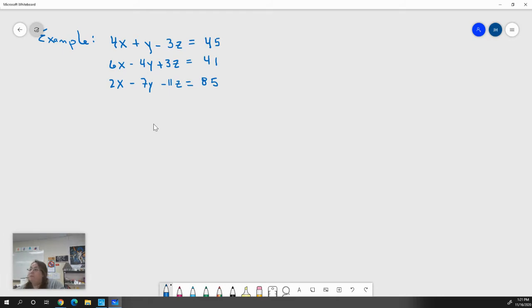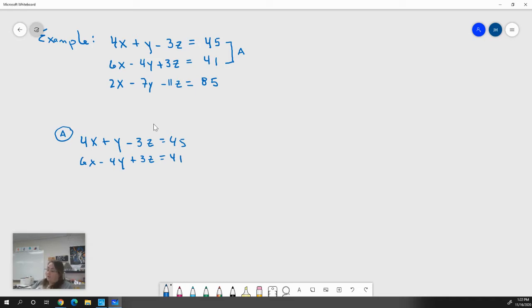So the first thing we're going to do is take two of these equations and eliminate one of the variables. So I'm going to take these top two. I'm going to call it A, right? And I'm just going to rewrite them right here. I'm going to take 4x plus y minus 3z equals 45. And I'm going to take 6x minus 4y plus 3z equals 41.